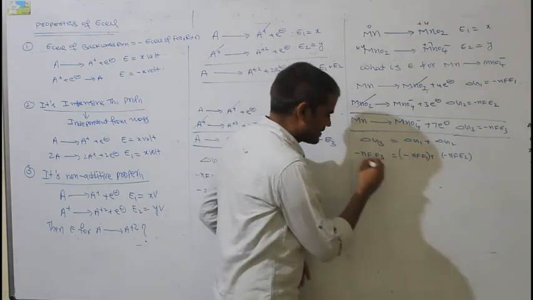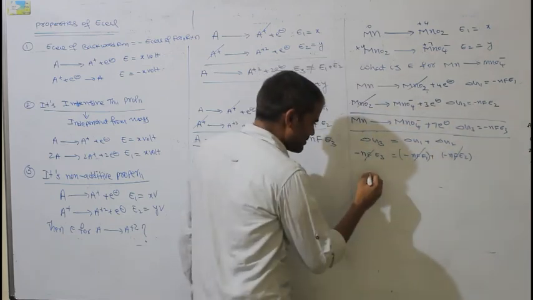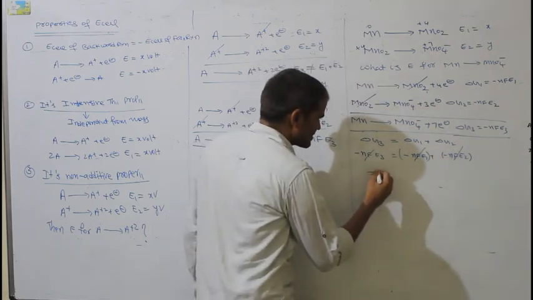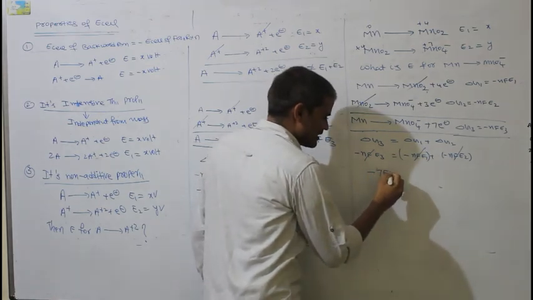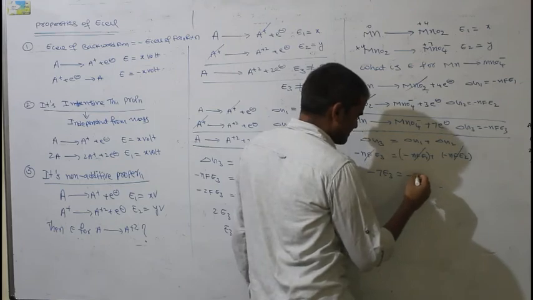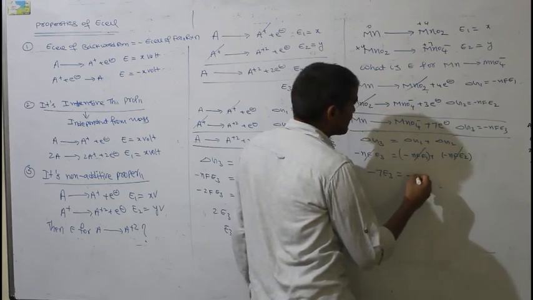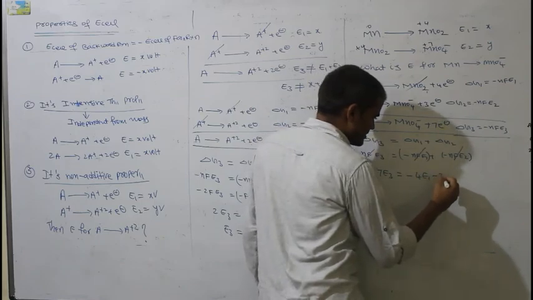F, the Faraday constant, gets cancelled. Then your answer will be minus 7E3 is equal to minus, first step 4 electrons, 4E1, minus 3E2.